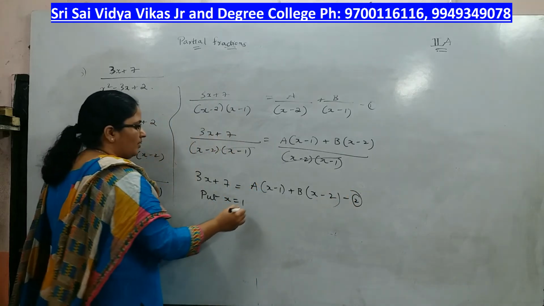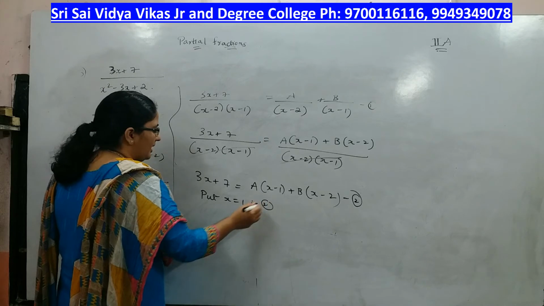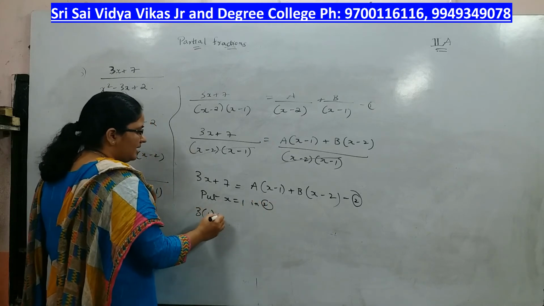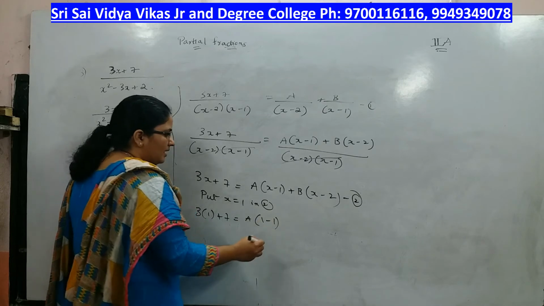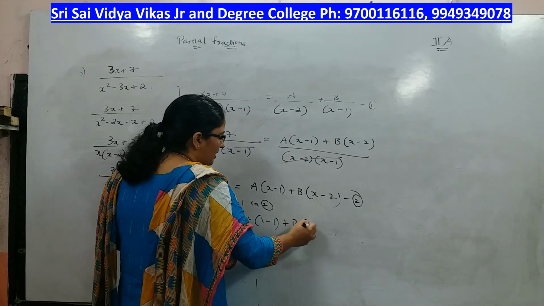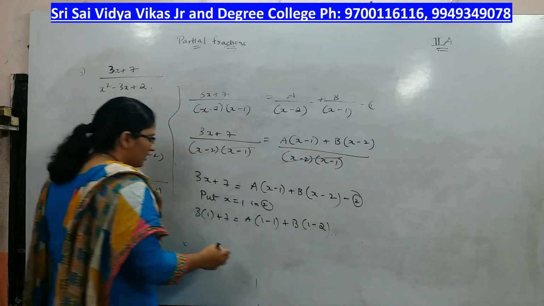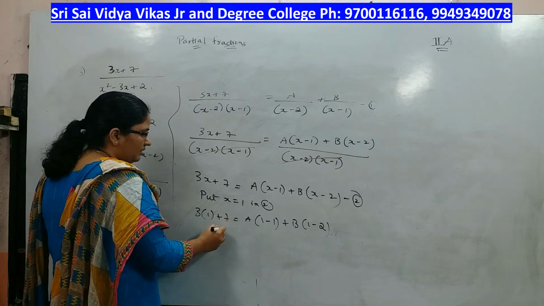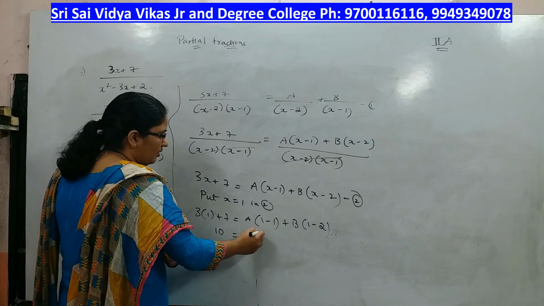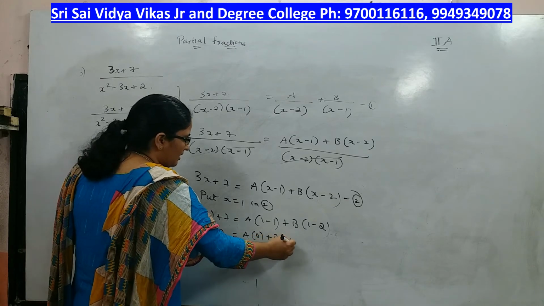Put x is equal to 1 in 2. What do you get? 3 into 1 plus 7, a into 1 minus 1 plus b into 1 minus 2. So this will be 10 is equal to a into 0 plus b into minus 1.